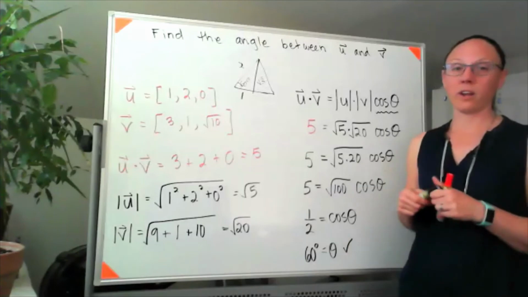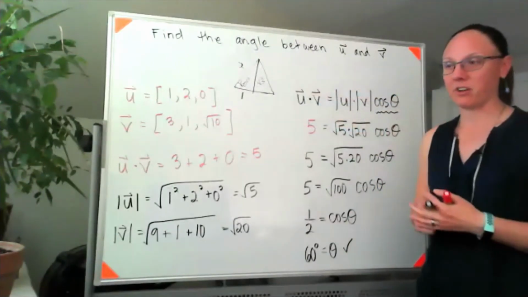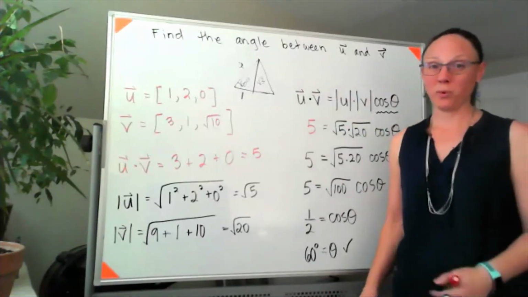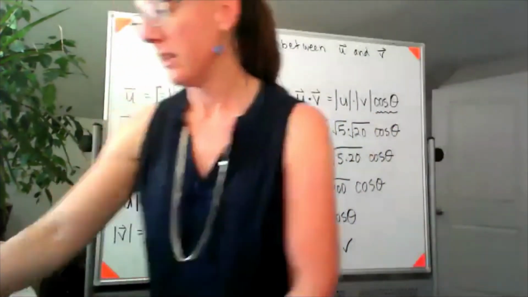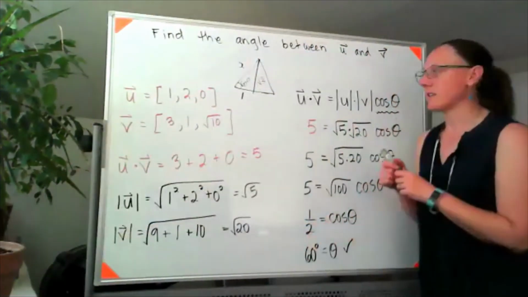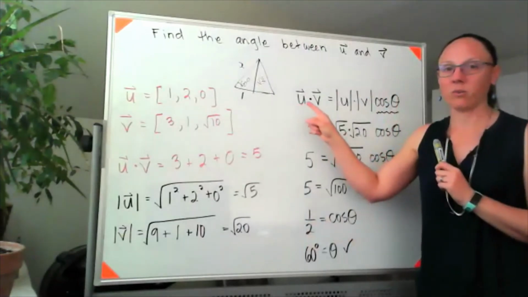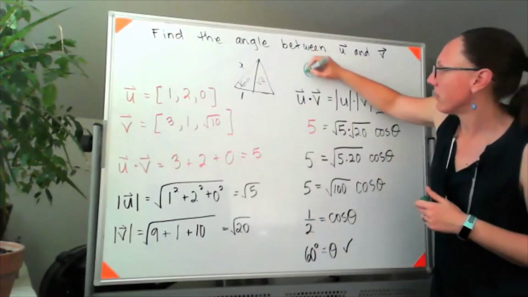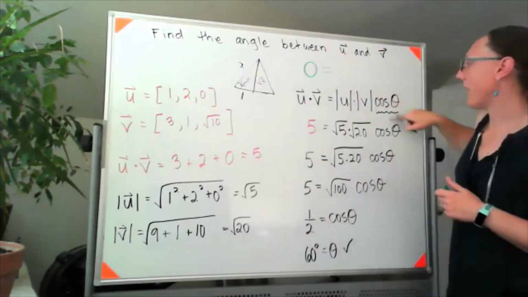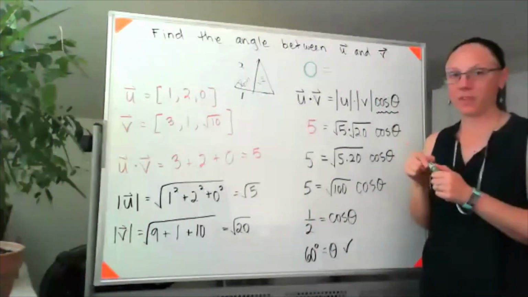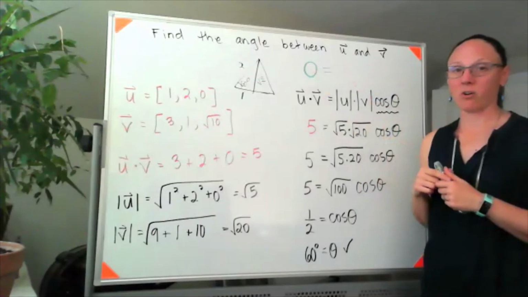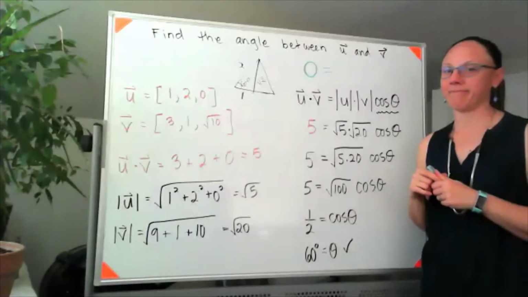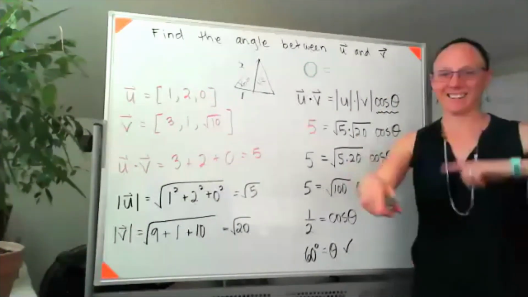So one result of this formula for the dot product is that it allows us to find the angle between two vectors. There's a super important piece to that, which is if you get 0 on this side of the equation, then I already know what the angle between the vectors is. Cosine of what is going to give me 0 for an answer? That's right, 90 degrees.